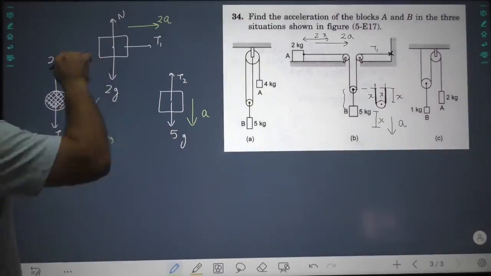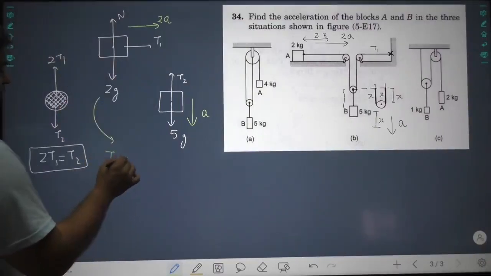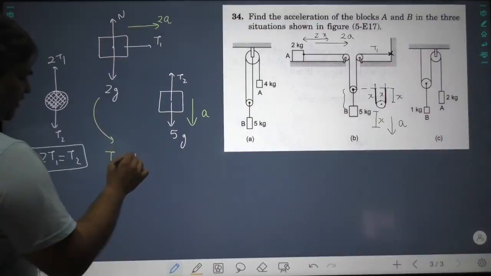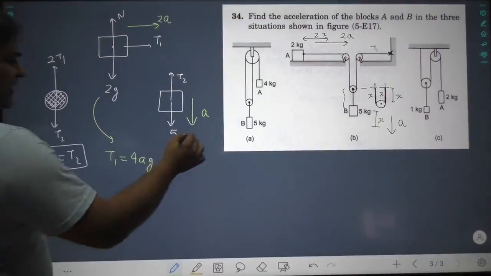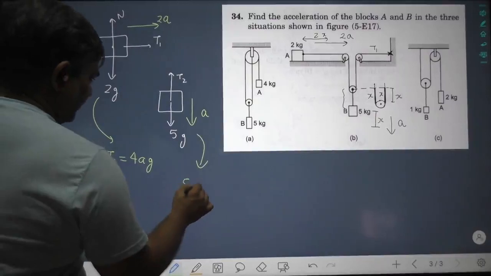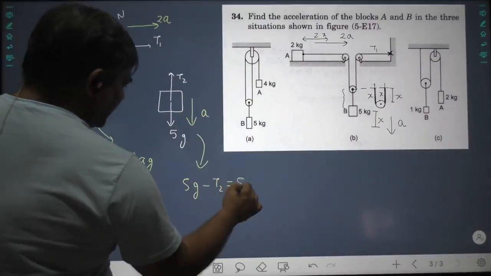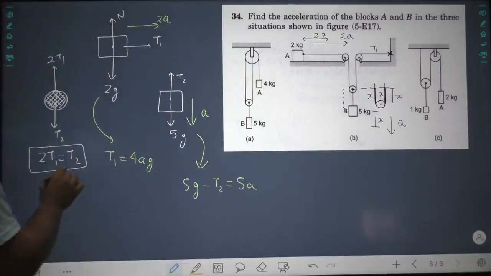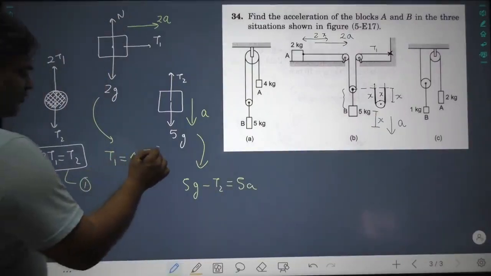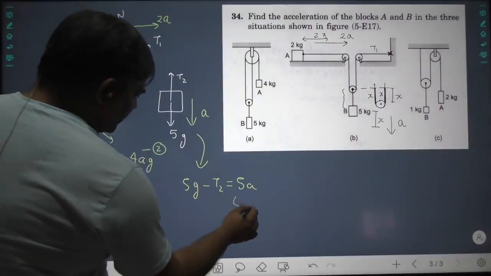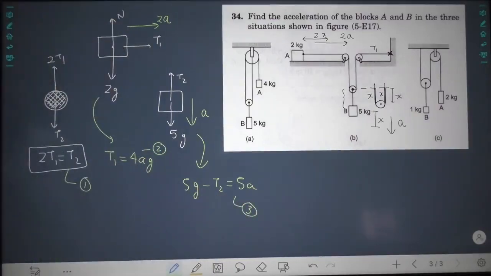From this, we get T1 minus 2g equals 2 into 2a, 4a. And from this, we have 5g minus T2 equals 5a. So we have three equations which we can solve very easily.